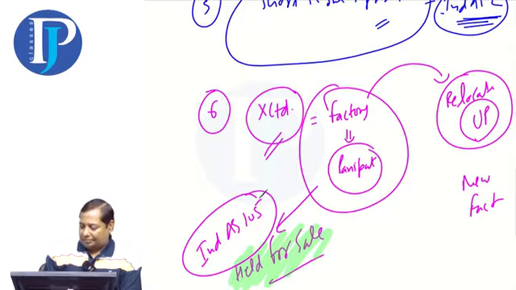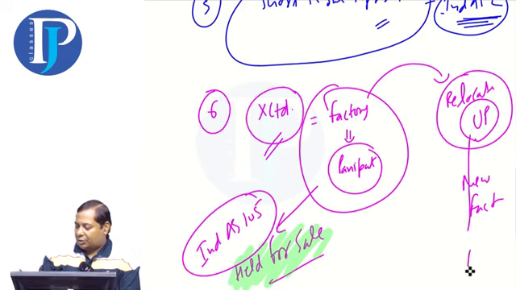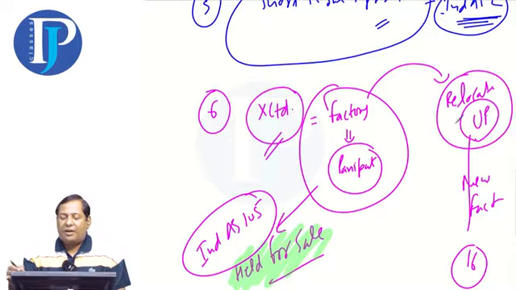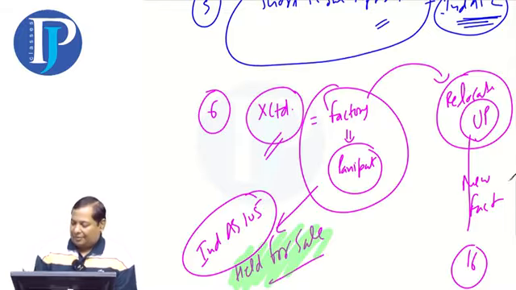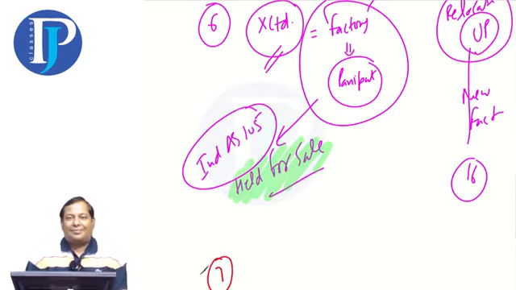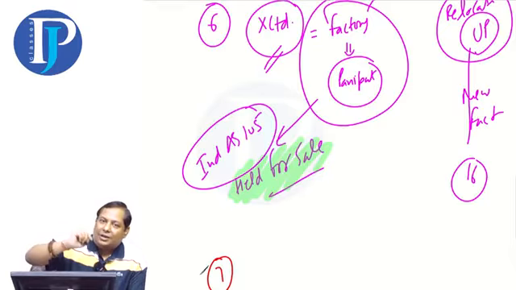Let's move on. This will come in 16. This is an owner-occupied property, the new factory that was built in UP. I have built a factory, I will use it in my normal course. So this will come under 16. Okay. Now, if I use it for business, 16 will be applied.